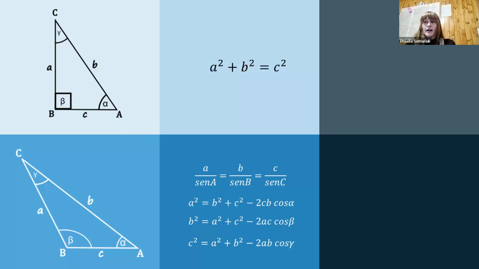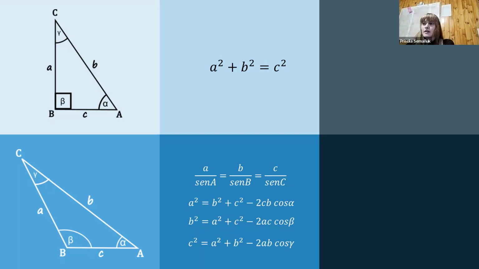The one in the upper part of the slide, the rectangle triangle, we can just use the Pythagoras formula. And like I said, the sum of all angles must be 180. But in the lower part of the slide, we have more theorems, okay? We have the sine theorem and the cosine theorem.